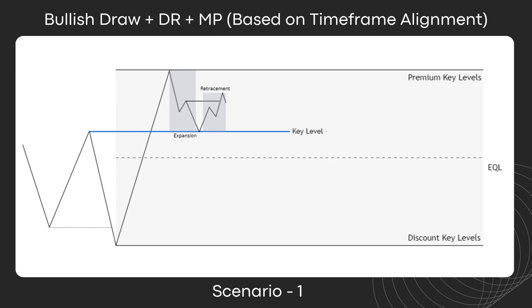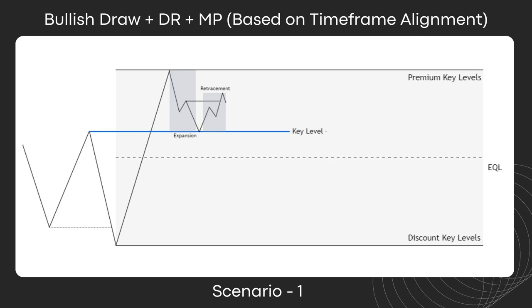Now there are going to be times where price expands straight away without testing a discount key level, but that's not a matter for us. What we need to remember is that more often than not, price will tend to retrace to a discount, and that's what should matter to you.